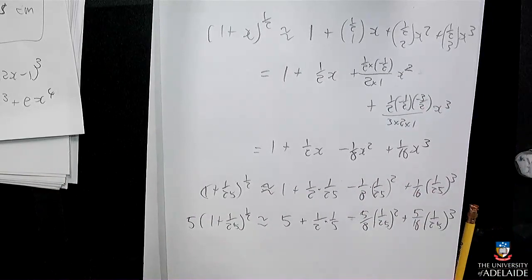Here you go. So imagine you have a computer that only does powers and doesn't do square roots. This would be a way of figuring out approximately what the square root of 26 is.